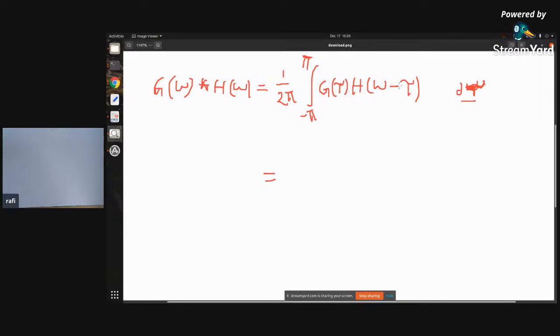You are subtracting, which means these two have the same unit, so that's why you can put 2 pi here. If tau is actually used for measuring time, then what we do is we put theta in the place of tau.